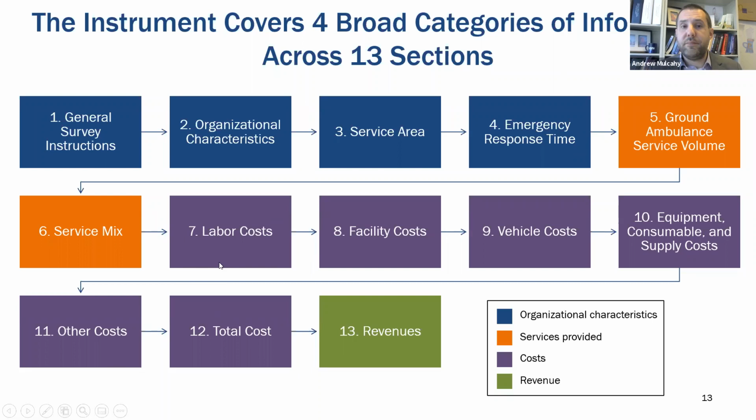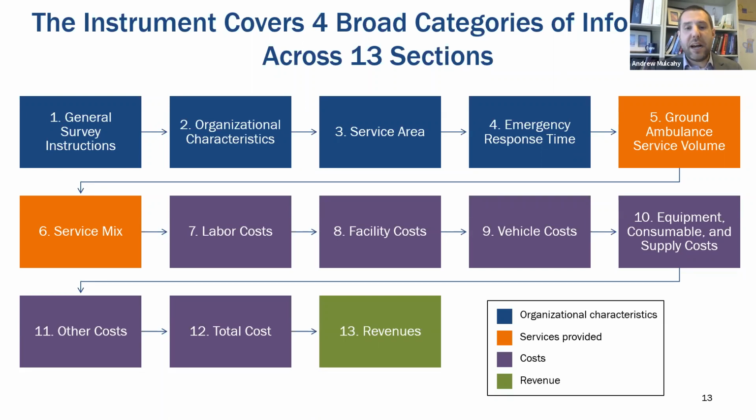So they are organized by type, and we'll go through each of those in one slide today. And then the final section, section 13, asks about revenue. This is a shorter section, and does ask specifically for revenue from Medicare and other health insurers, health systems, and then revenue from all other sources.